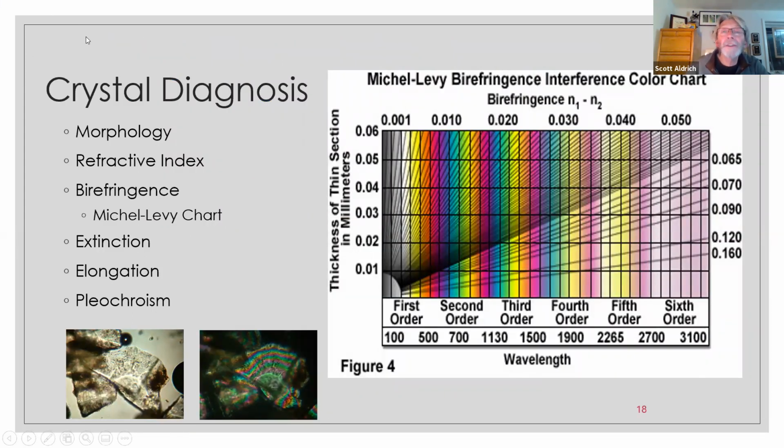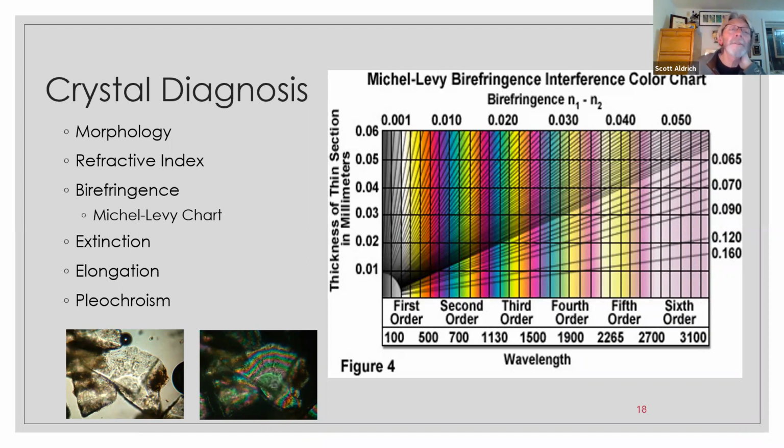So for crystal diagnosis, we're using all of these features: morphology, refractive index, birefringence, which is a measure of the difference in refractive indices. Remember, I said if it's a crystalline material, it'll have 2 or 3. And so birefringence is the maximum difference between low and high. We use a property called extinction and another one called elongation, looking at the orientation of the refractive index.